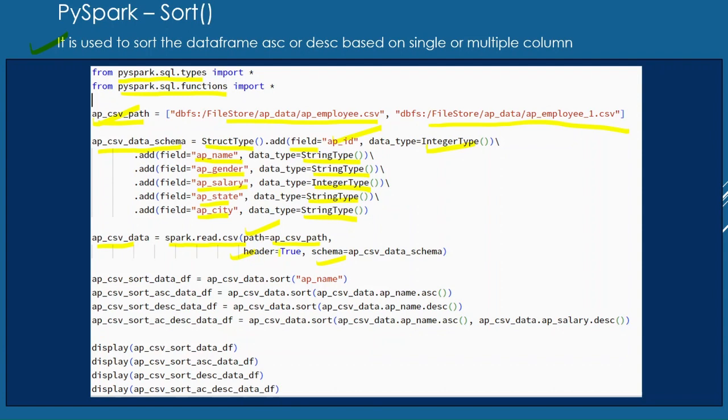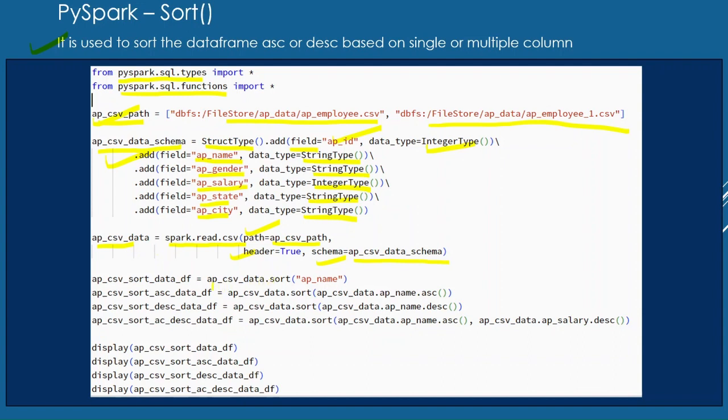The header parameter tells Databricks that the CSV file which we are going to read has headers, and the schema defines the custom schema. Based on that, we are going to read the CSV file. This is the custom schema which we have just created. Once this data frame gets created, we will see how the sort function is going to work on it.